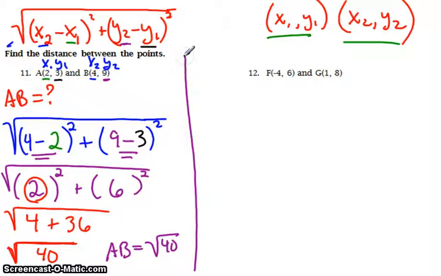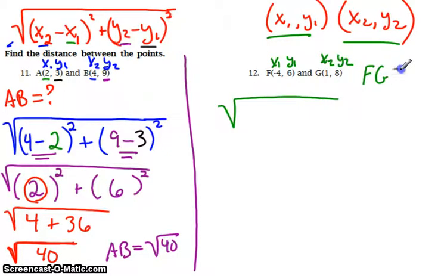So let's look at number 12. Remember, first step, you want to label your point, x1, y1, label the second point, x2, y2, and then fill into the formula. Now notice here, they want to know the distance between F and G. So in filling in to the formula, x2 is 1 minus x1 is negative 4. Now be careful.